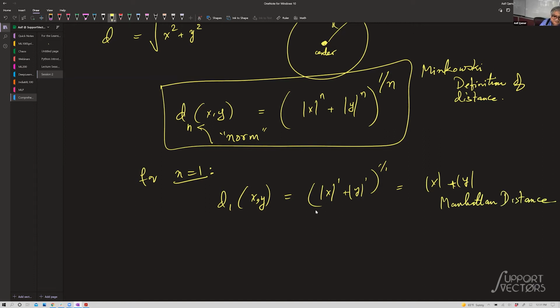It's Manhattan distance. Now let's look at d2. d2 is equal to x square plus y square to the power 1 over 2. Is this the same as square root x square plus y square? Because square anyway makes it positive. And what is this?